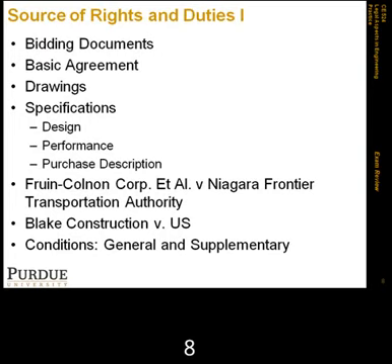and supplemental conditions. In supplemental conditions, we use those for customizing the general conditions, that are basically general, as the name states, and we put in specific information about how we're addressing certain statutes or local laws or local requirements, and how we need to make modifications to those general conditions.